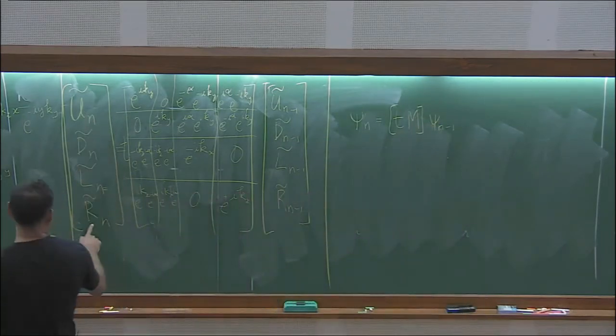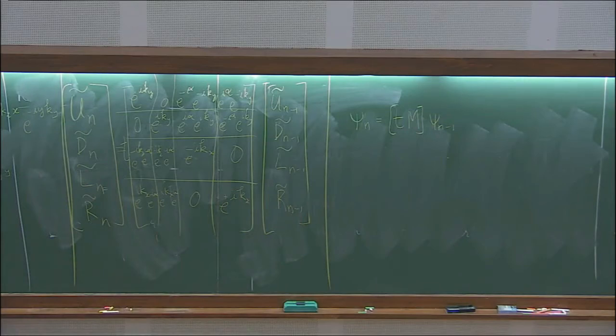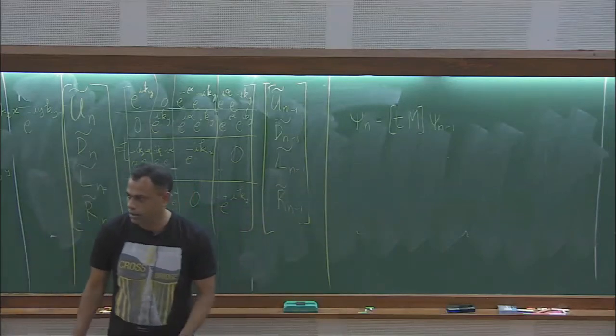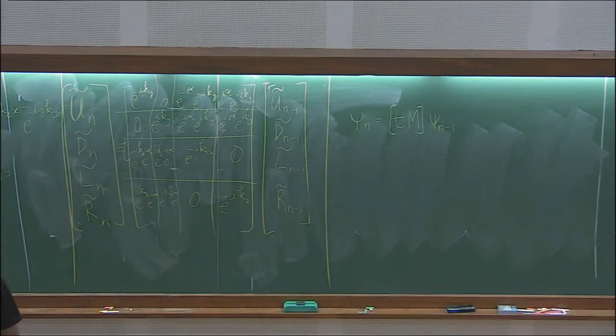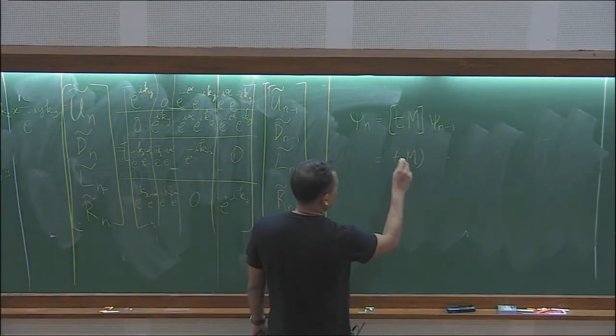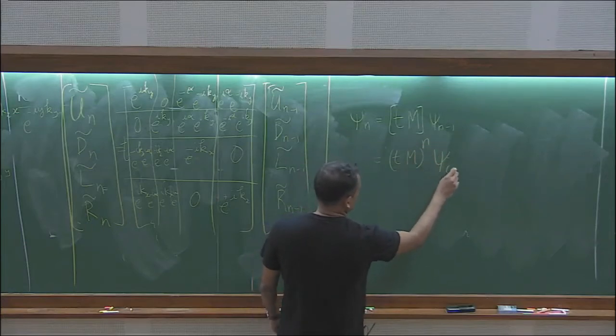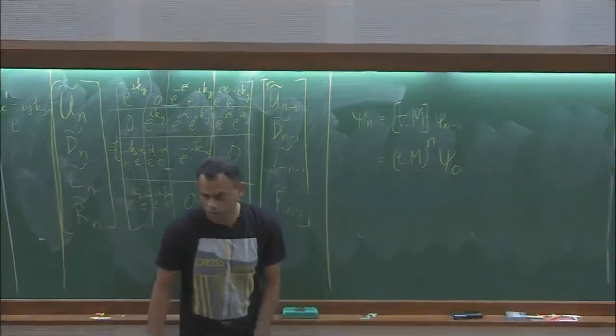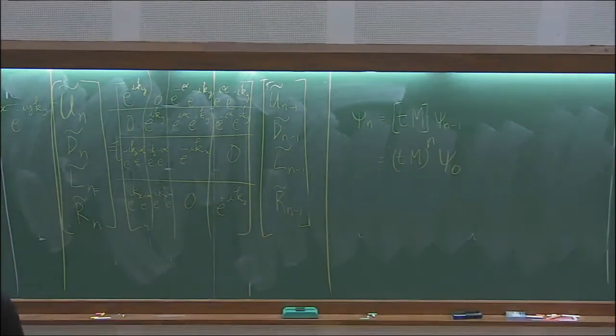If I call this column vector psi n, this matrix m, and this t outside, it's t m psi n minus 1, which I can iterate as many times as I want to get t times m to the power n psi 0. Psi 0 is a column vector of length 4. So if I know psi 0 and I know how to diagonalize m, I will be able to find out psi n.